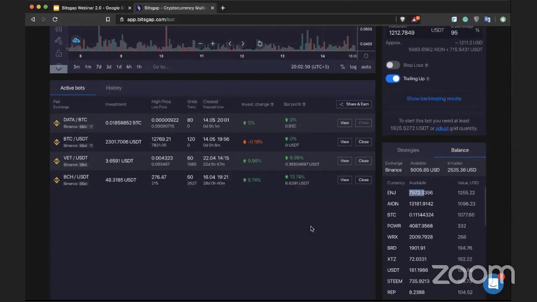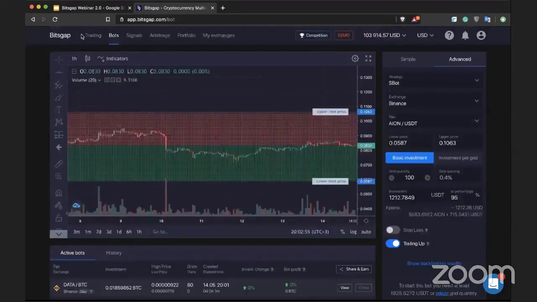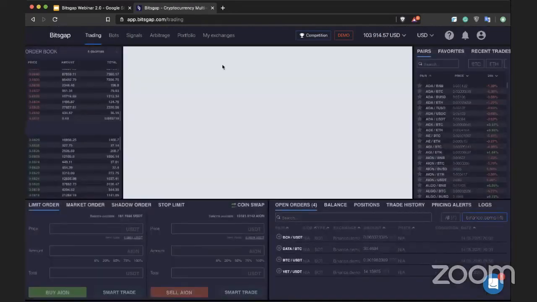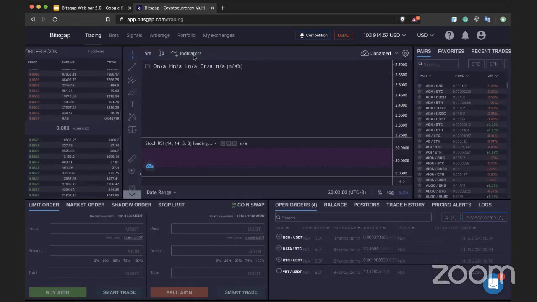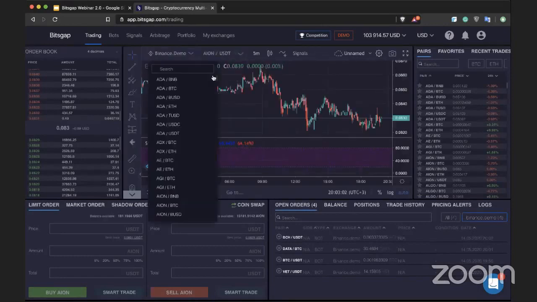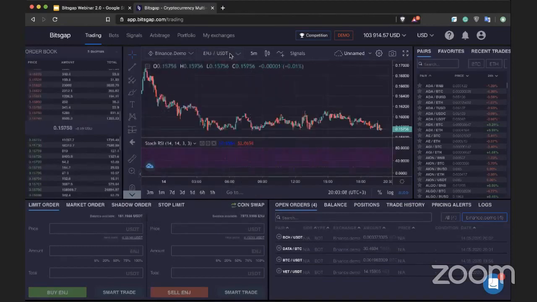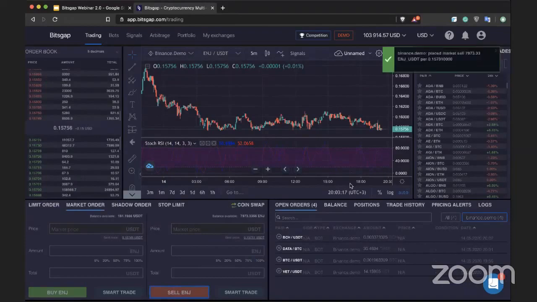So if I don't want to be affected by the NG price fluctuation, I should go to the trading section, open NG, trading to BTC or USDT, and simply sell it. All right, so I want to exit to USDT. I want to sell all of my NG, so I'm gonna use the market order and sell it.